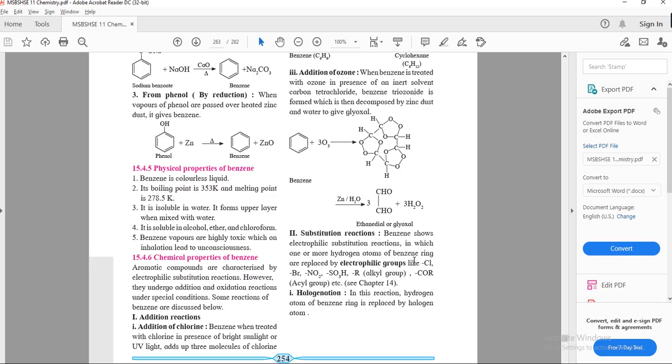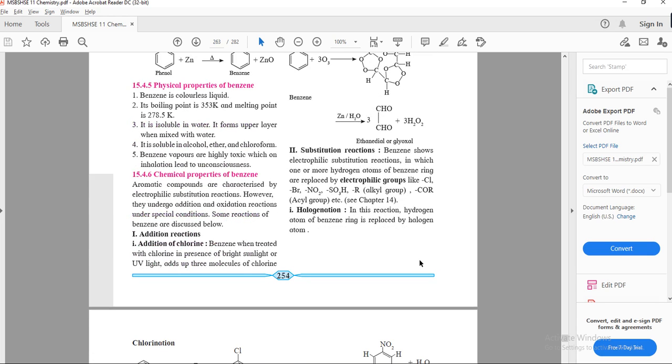Second is substitution reaction. It is an electrophilic substitution reaction. Electrophiles are groups having a less number of electrons, or they are not electron rich compounds.